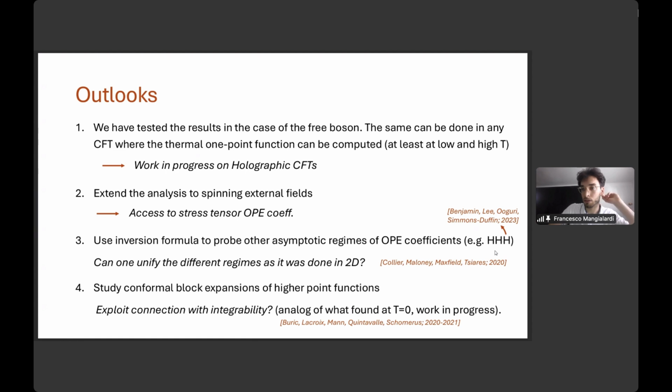And there already exist some results about this heavy OPE coefficient in the literature, and we could try and see if we reproduce them. Also related to this, in 2D, there is actually a single formula that unifies all the different regimes for OPE coefficients, and it could be interesting to see if one can find the same also in 3D.